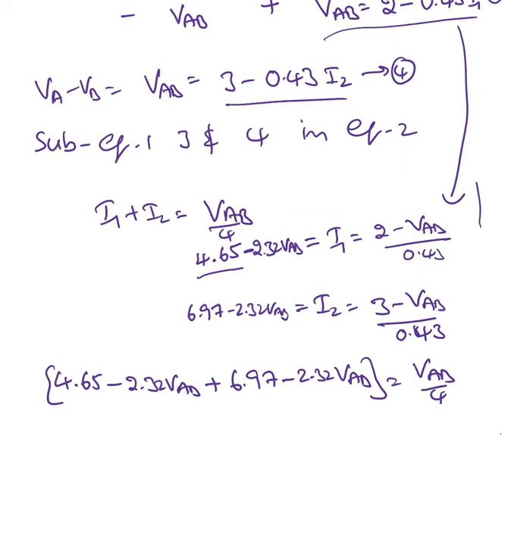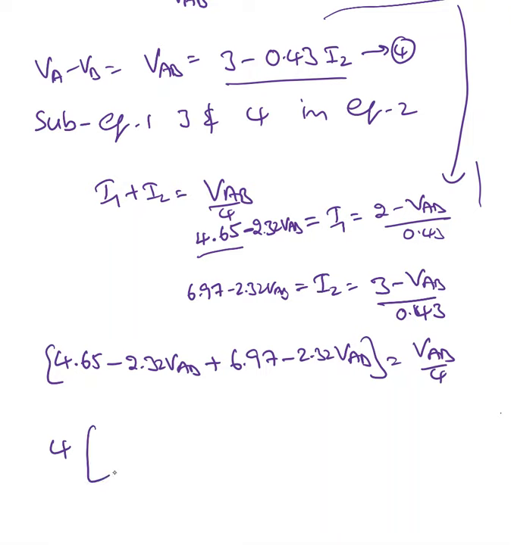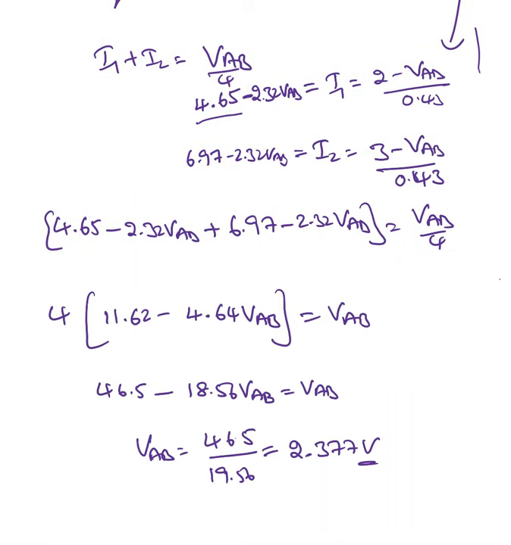Now I'm going to bring that 4 to the other side. So 4.65 plus 6.97, which is 11.62, minus 4.64 VAB, multiplied by 4. So 4 times 11.62 is 46.5, and 4 times 4.64 is 18.56.